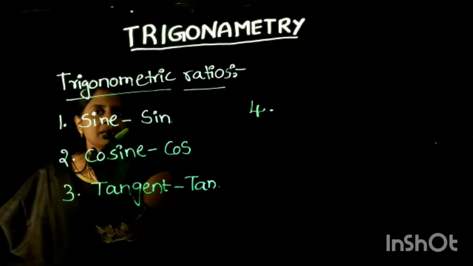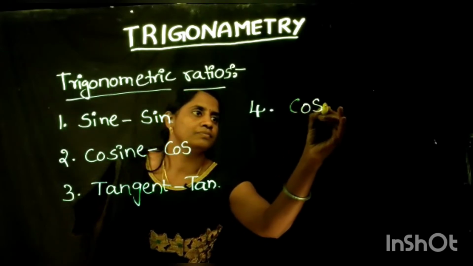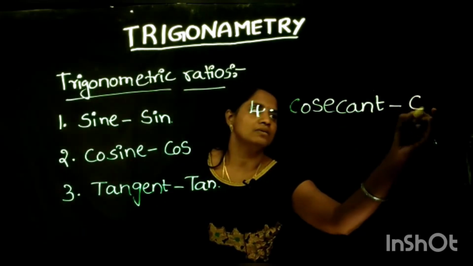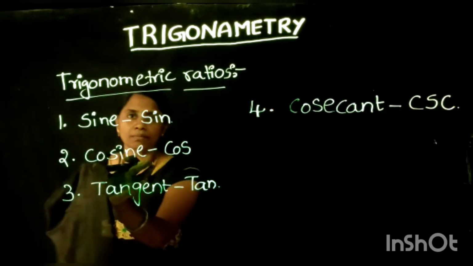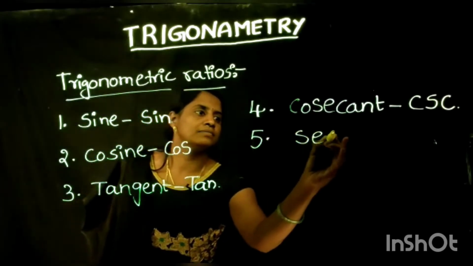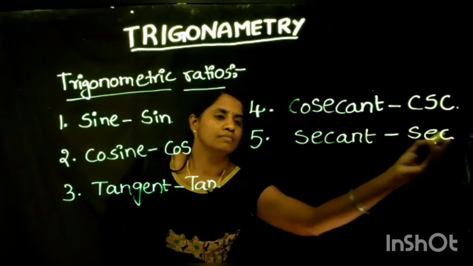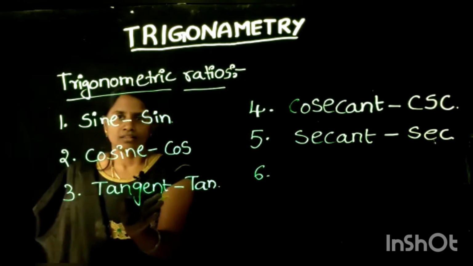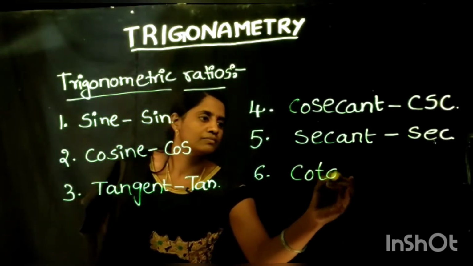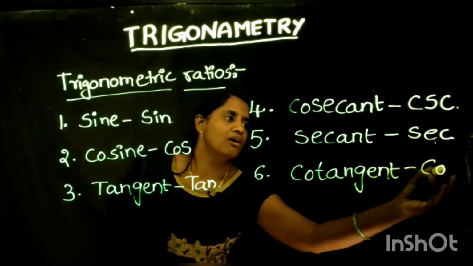The multiplicative inverse of sine is cosecant, short form cosec. The multiplicative inverse of cosine is secant, short form sec. The multiplicative inverse of tangent is cotangent, short form cot.